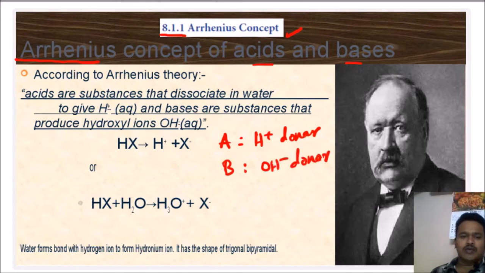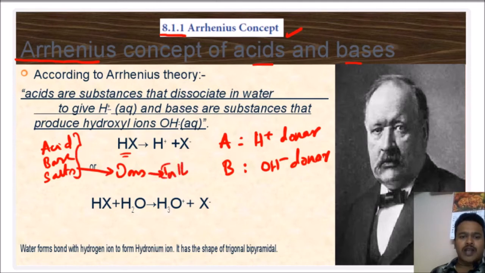They give an example here: HX giving H plus and X minus, so HX is an acid. Remember, acid, base or salt converts into ions only in the presence of water, in aqueous medium.